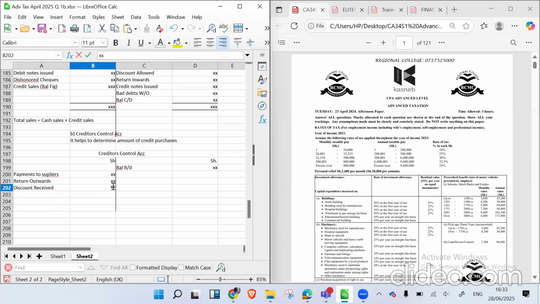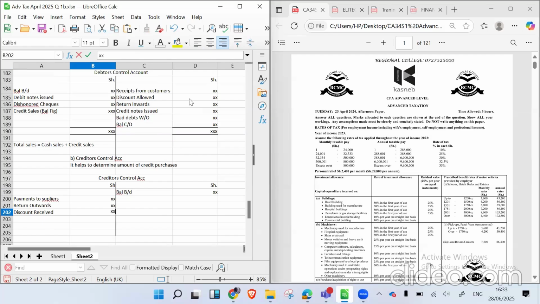So it is just the opposite of the debtors control account. There we have return inwards, inwards because we had sold and the goods have come back in. Outwards because we had bought and we are returning them out to our suppliers. We receive discount from our suppliers and we issue discount to our customers. Then if we have any credit notes, here it is credit notes received.